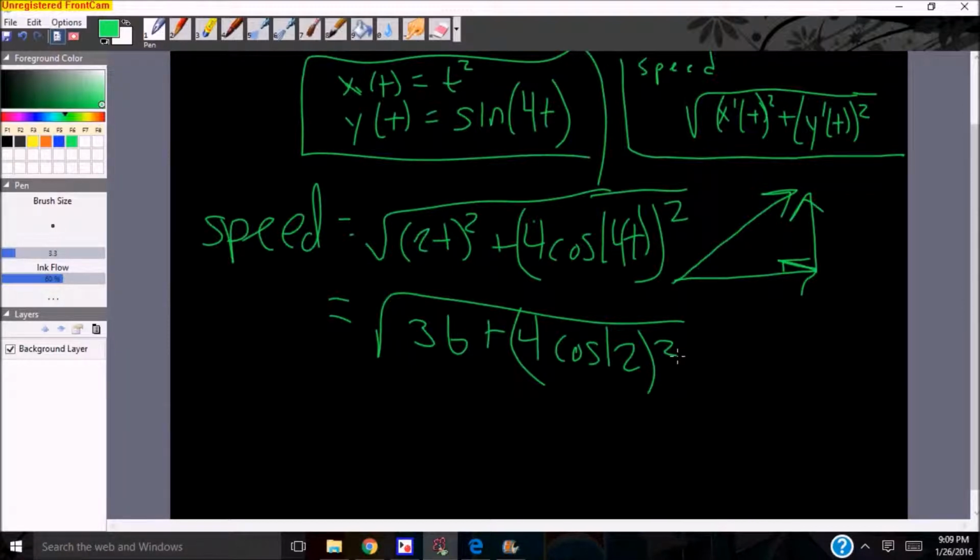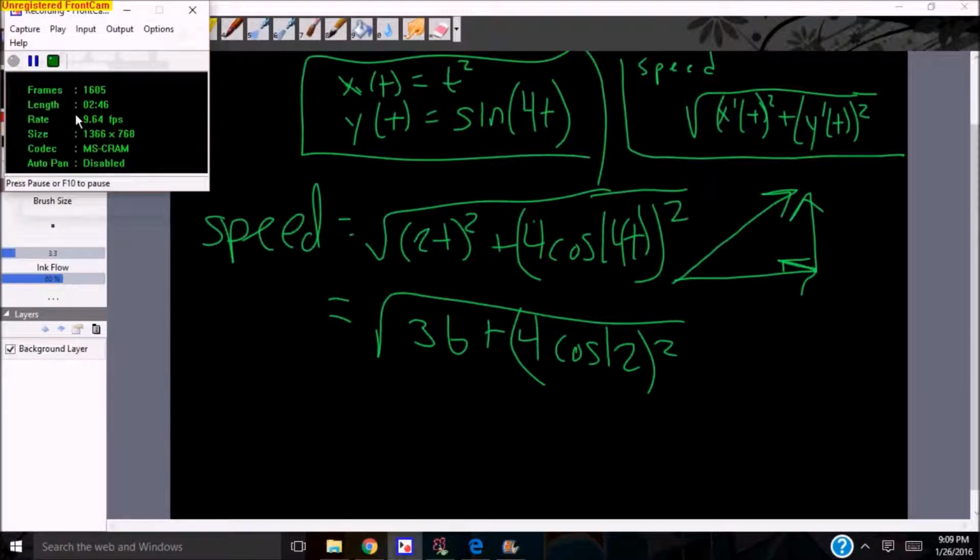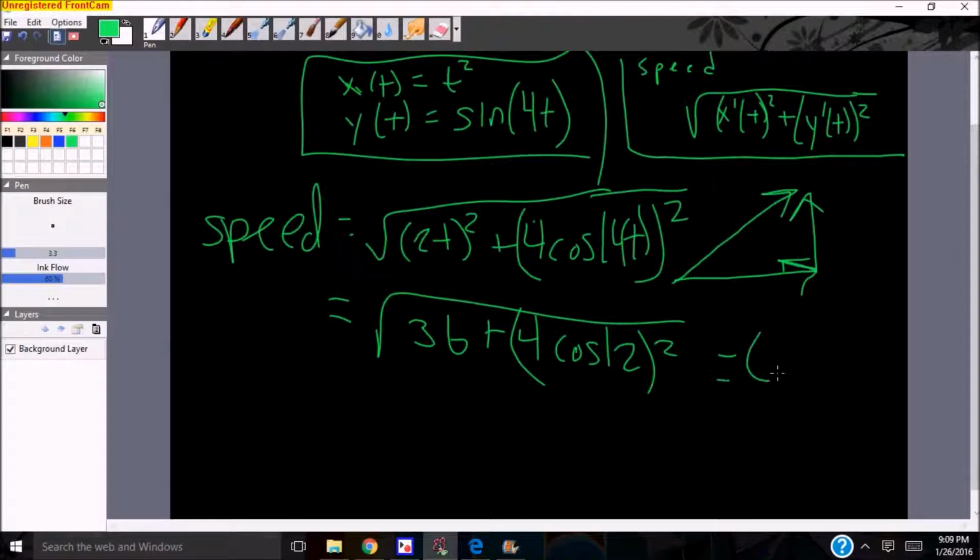Now, we would need a calculator to calculate this, so let me pause this and figure it out and then get back to you. Alright, so that is going to be 6.884. Make sure you've tried that in your calculator and you get the same kind of result. But this is basically what speed is. It's very, very similar to the arc length formula.